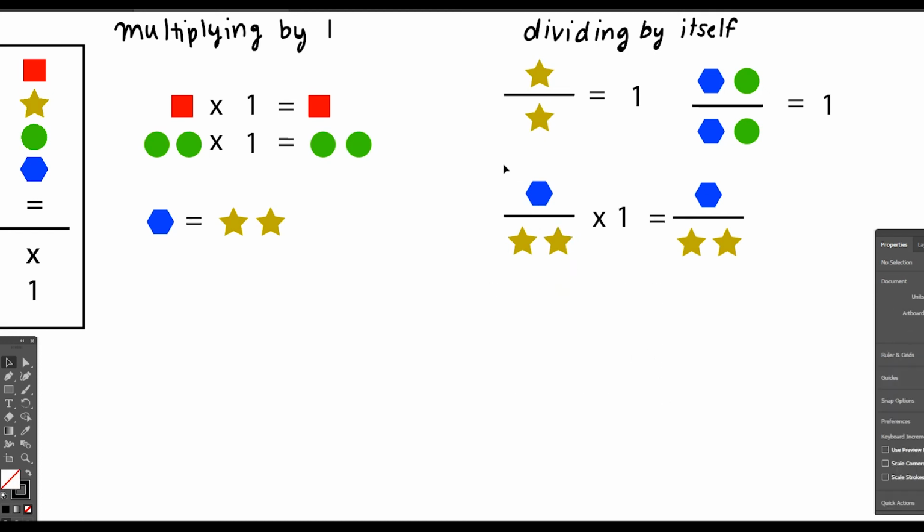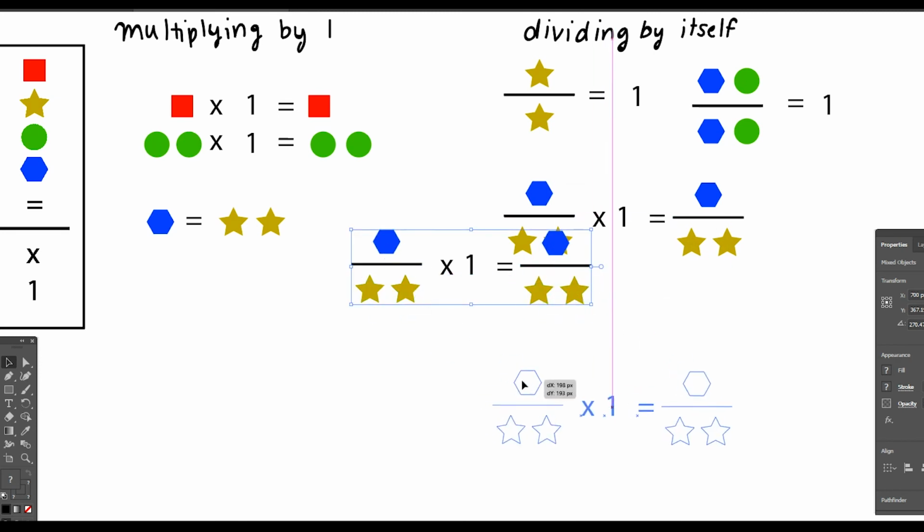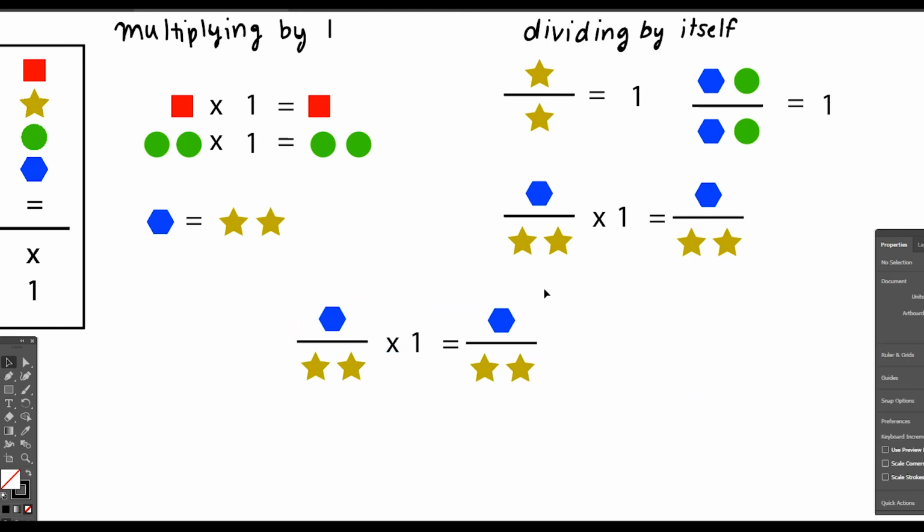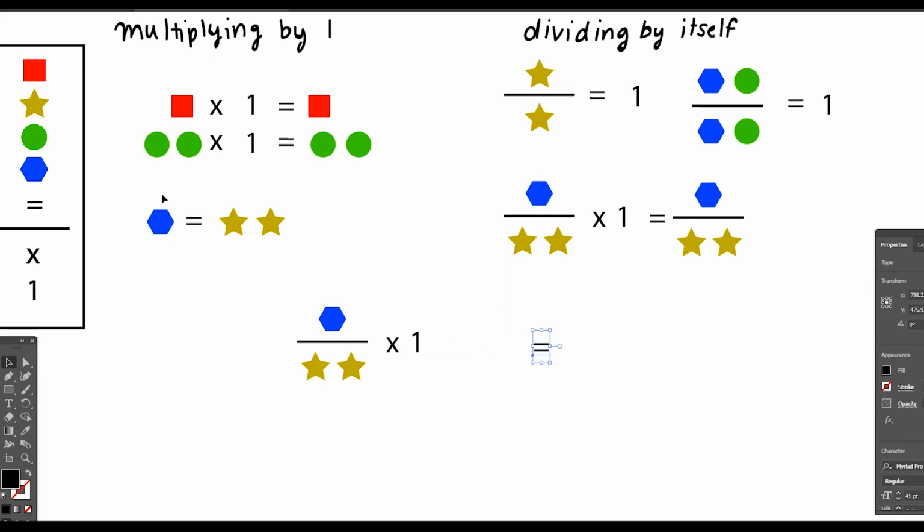So now let's look at this problem again, and let's see if we can make this a little bit easier to understand. So let's take this, and I'm going to just put it here in the center for a second because this is our big moment. I'm going to delete this for a moment, and I'm going to exchange this number 1 for a conversion factor. Now, my goal right now is to make this easier because I don't really know what this means. I don't know what 1 blue hexagon divided by 2 stars means.